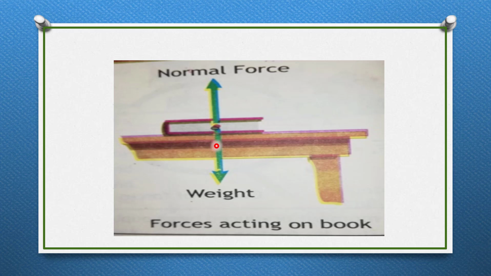These two forces are applied on the book, still the book is lying on the table, stationary, not moving, at rest. So we will say that this book is at rest under the action of several forces, so it is in the state of static equilibrium.